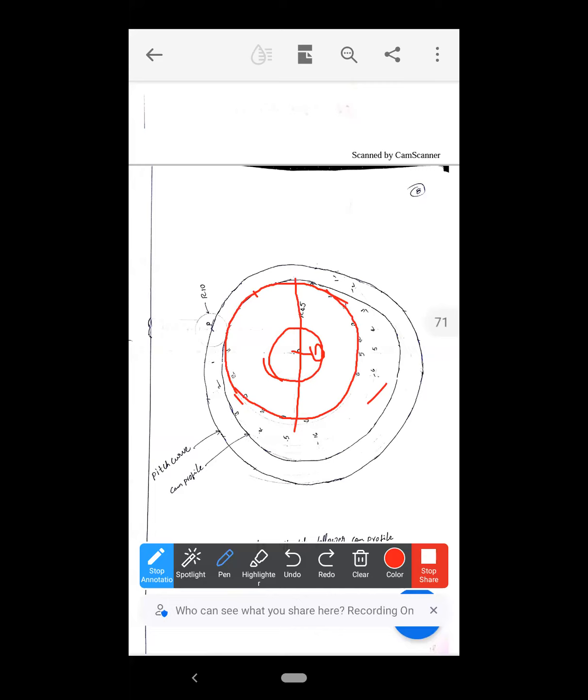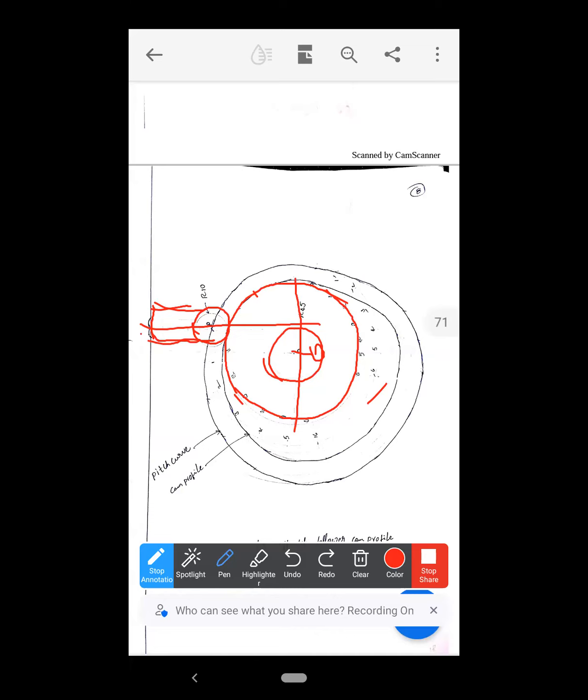Later, from the offset circle, draw one vertical line, and place the roller follower at the edge of the base circle. This is the roller follower itself.